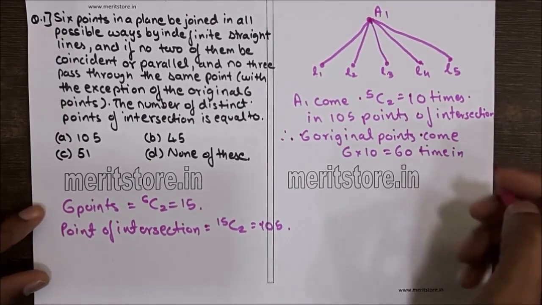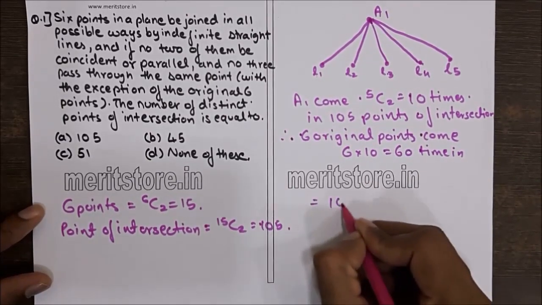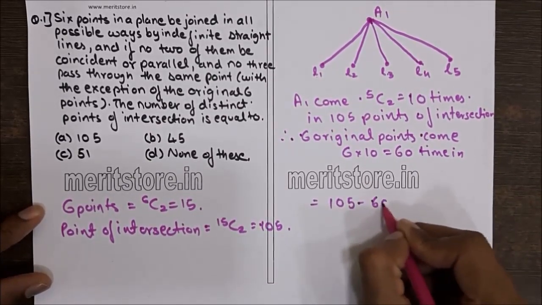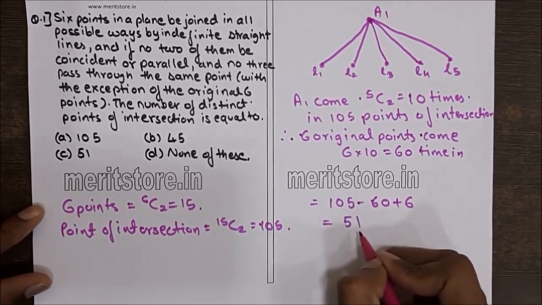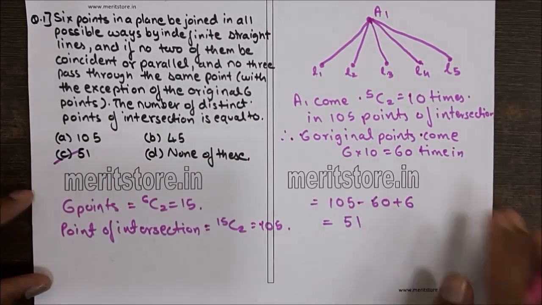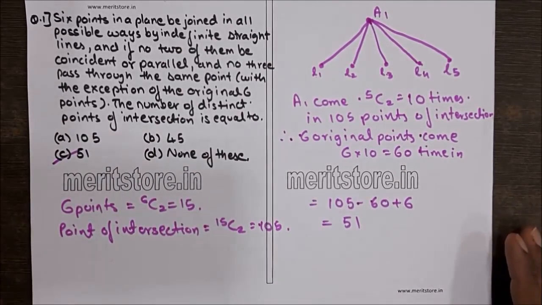Hence the number of distinct points of intersection can be given as 105 minus 60 plus 6, which is equal to 51, which is our option C. Therefore option C is the correct answer.